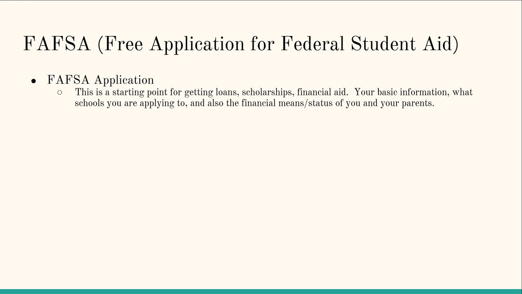Basically it's trying to size up your financial situation so that you can either qualify or not qualify for certain financial aid, and also the loans and all that kind of stuff. So it's in some ways a loan application. It's also an application for grants and scholarships and other financial aid.